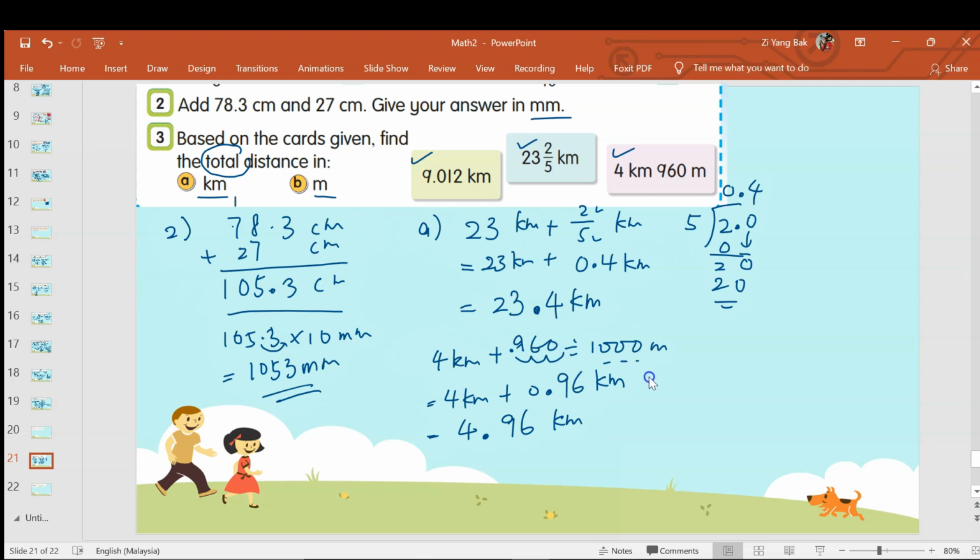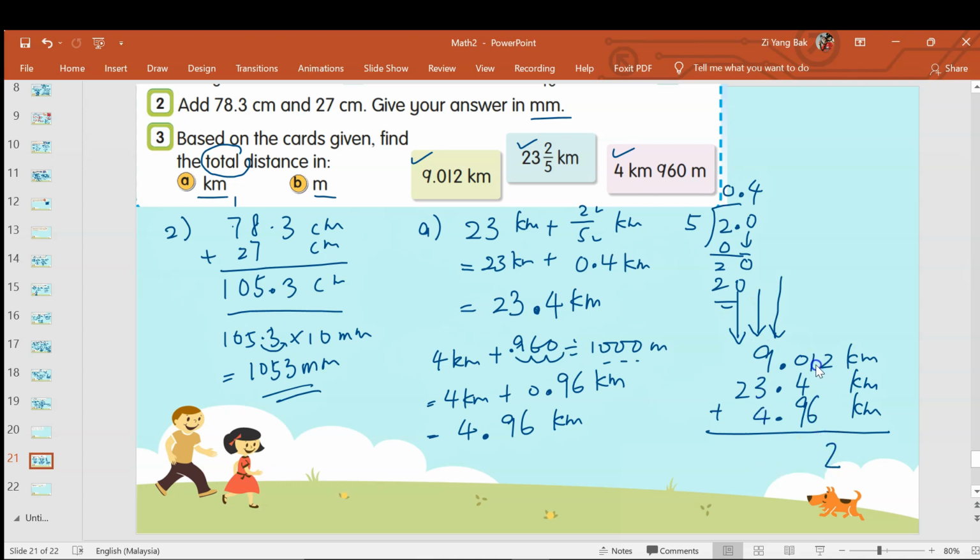So now everything is in decimal point and in km, you can straight away plus 9.012 plus 23.4 and 4.96. Now look at how I arrange them. All the decimal point in the same row. This one is the ones and this one is the tens.